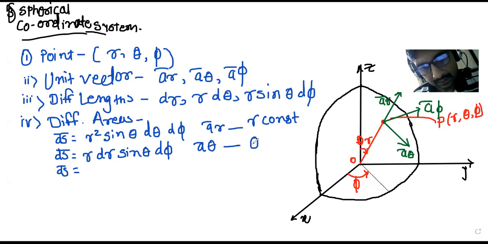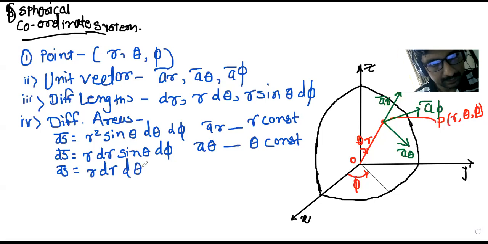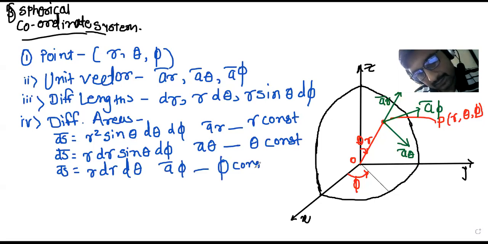So this is the case where theta is constant. And last case is by considering this phi constant, right? So this would be r dr d theta, direction is given by a bar phi, and we know that this is for phi constant, right? So these are all characteristics. What about differential volume? Simply multiply all the lengths.